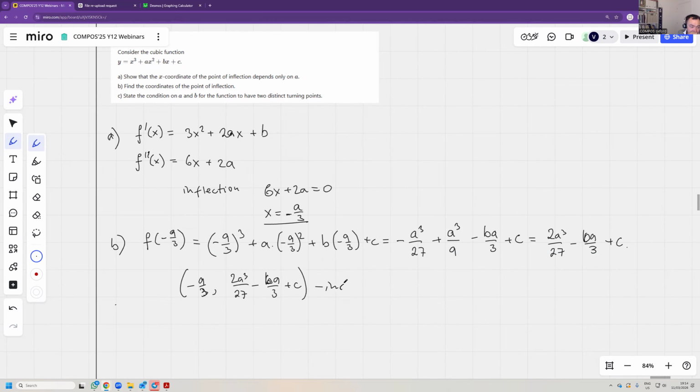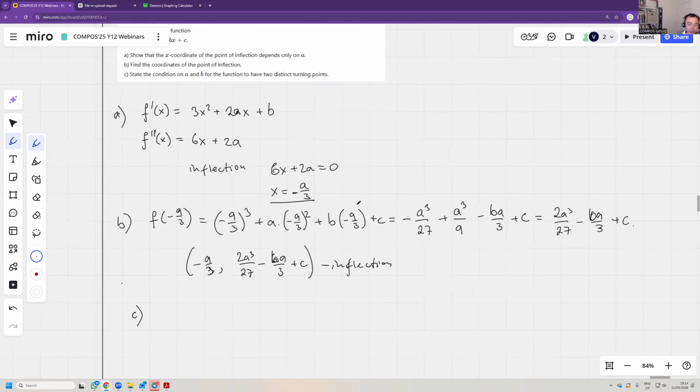That's inflection. And C. State the condition on a and b. So we have the quadratic, 3x squared plus 2ax plus b equals 0. That's the derivative for stationary turning points.